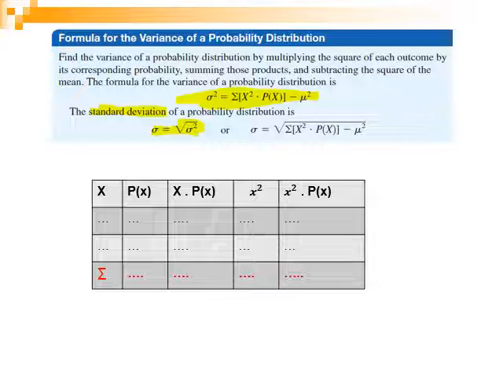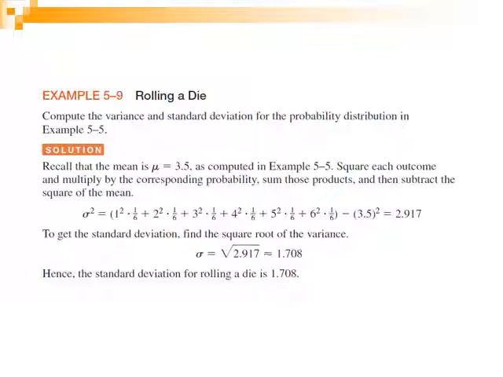Then find the x square for each outcome: we square this column and put the values here, multiply this column by p of x, put the result here and sum it all up. The value here minus the mu square will give us sigma square, or the variance of the probability distribution.